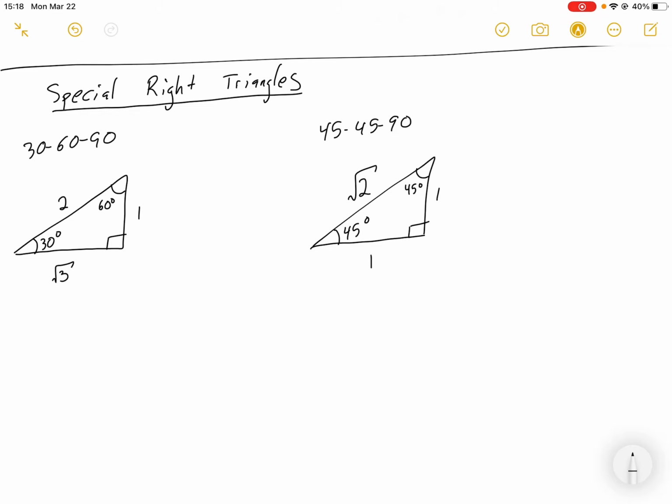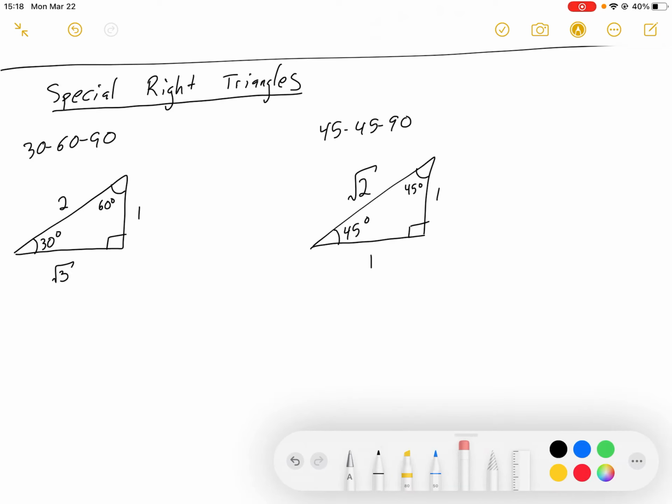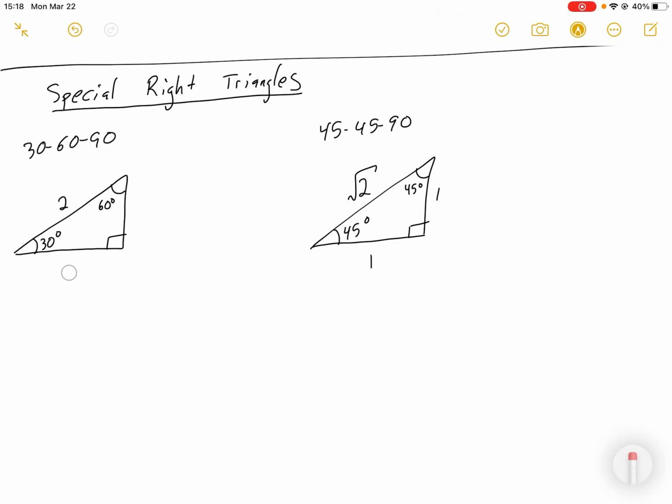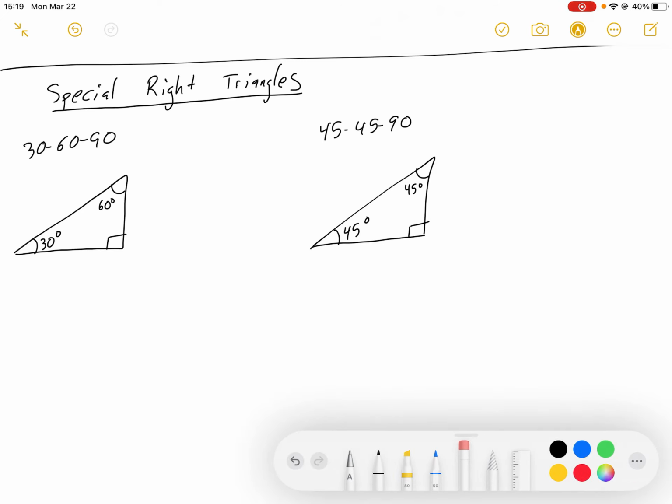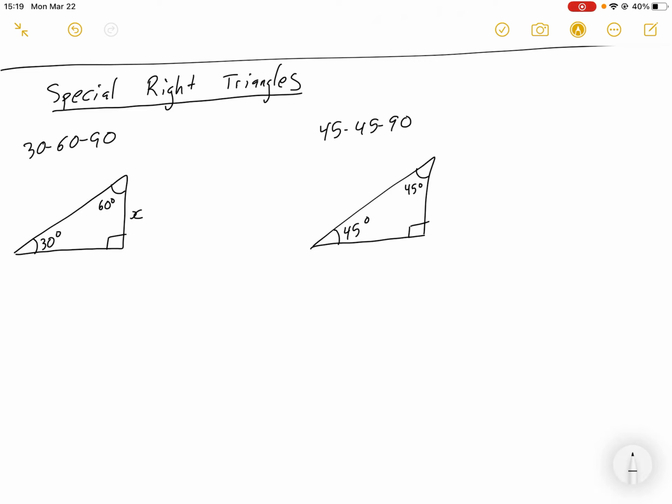The important thing to notice here is that these are really ratios. I think of these as the parent triangles, but what you should do with these is think of the side lengths as x, then x times the square root of 3, and then 2x.